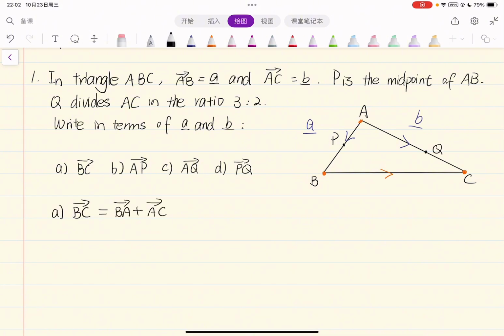Since we know the vector AB, we can write vector BA equals negative vector AB. We just need to change the direction of that. And then plus the vector AC. That equals negative vector A plus vector B.